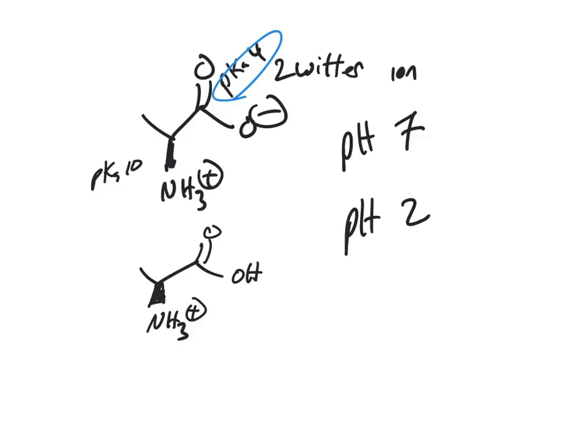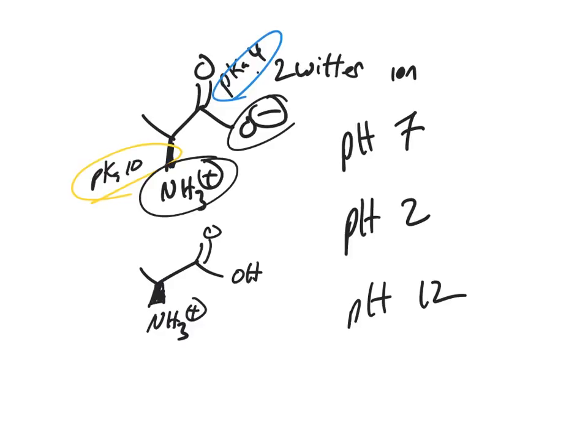If we go in the opposite direction, now let's do pH 12. So at pH 12, we are obviously above pKa 4, and now also above this pKa of 10 here. So we're going to lose the proton, which we already lost from the oxygen, as well as a proton from this ammonium here.